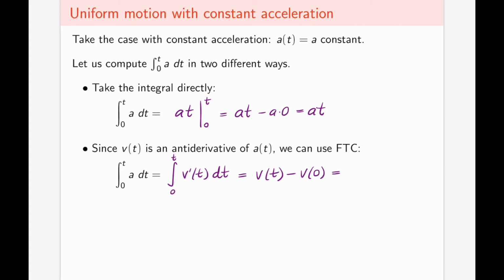And just like with the position function, v of 0 is often noted as v naught because this is something that is usually fairly known to us. I will now equate these two expressions, and overall I will then get that v of t minus v naught is equal to at. The exact same argument applies here.